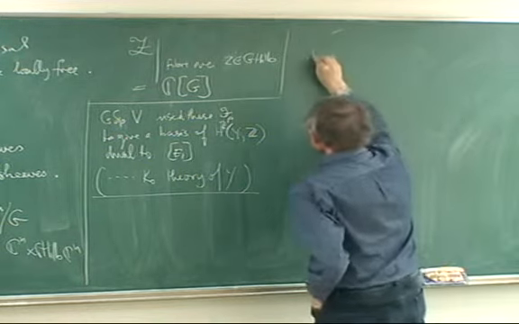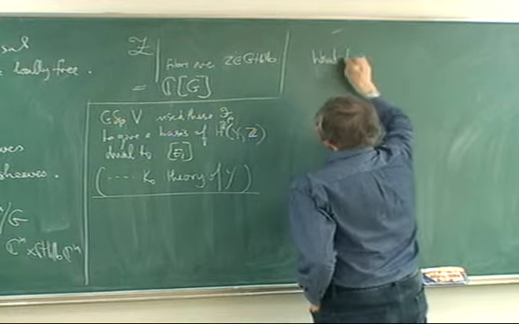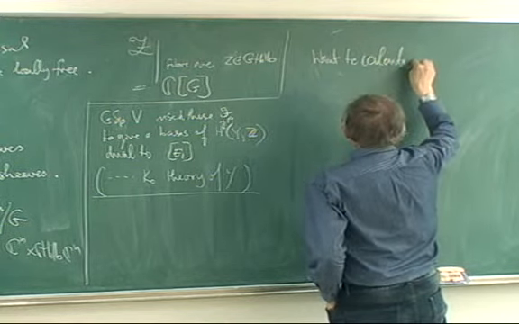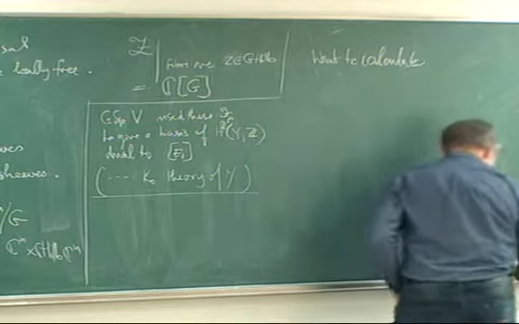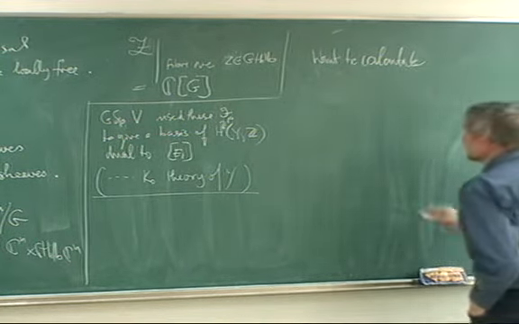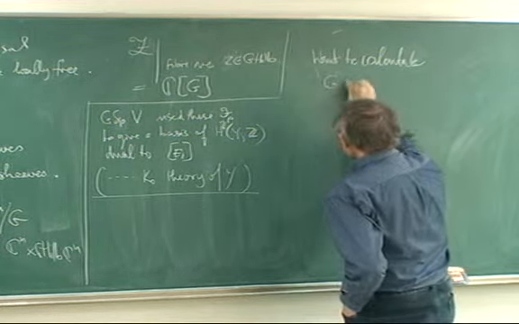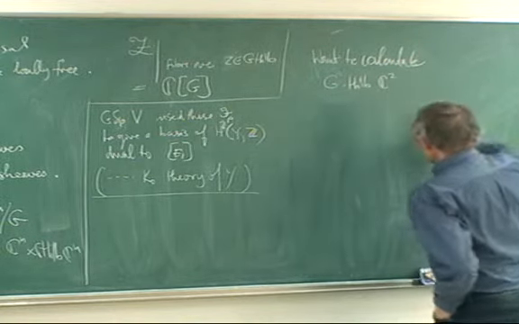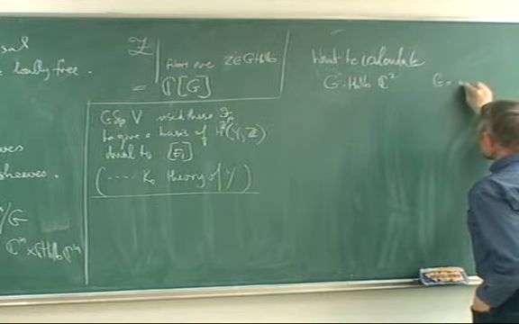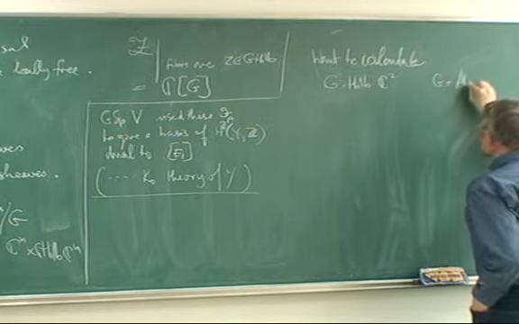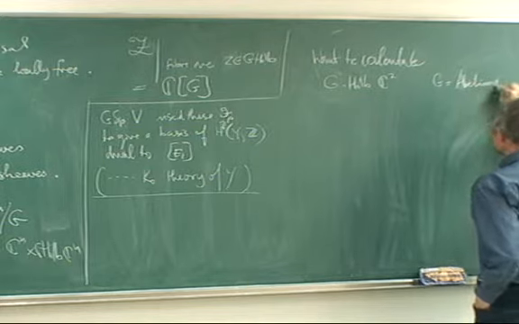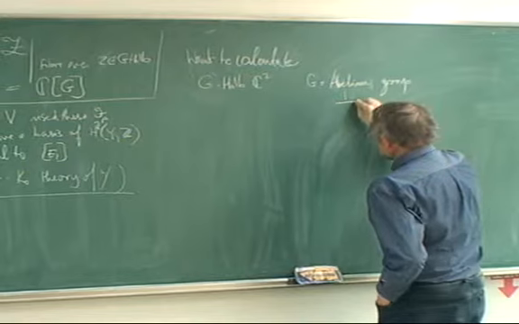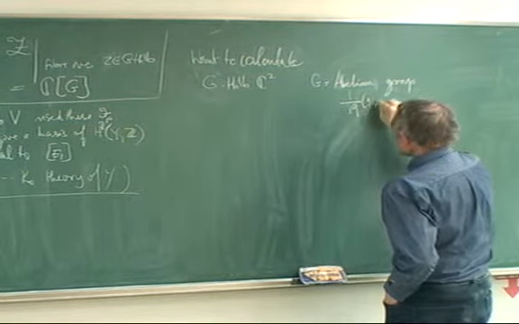So I want to calculate G Hilb of C2, where G is the abelian group 1/19 of (1,7).